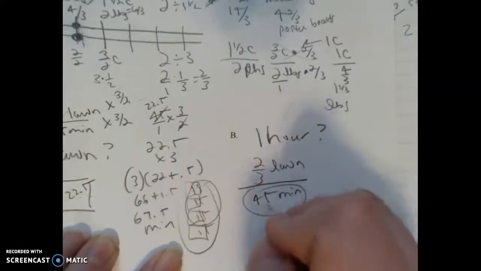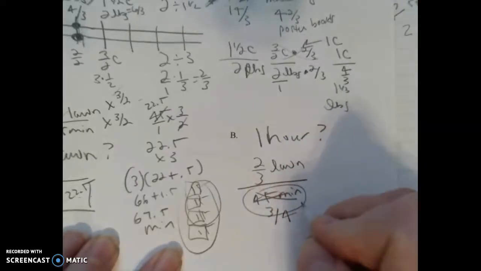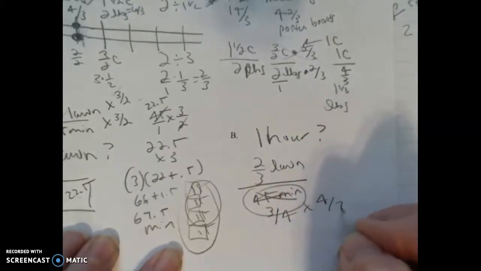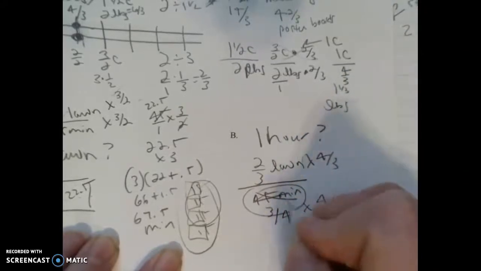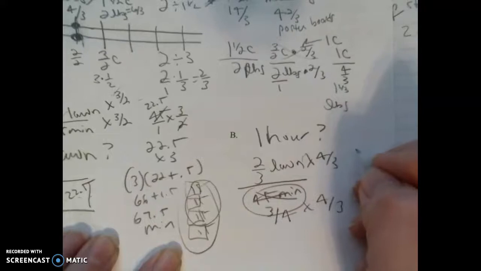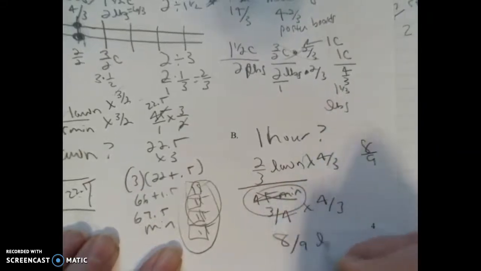So that would be 3/4 of an hour. If I want to get this to hours, I'm just going to scale by 4/3, scale by 4/3. And so these guys equal 1, and this would be 8/9. So I could do 8/9 of a lawn.